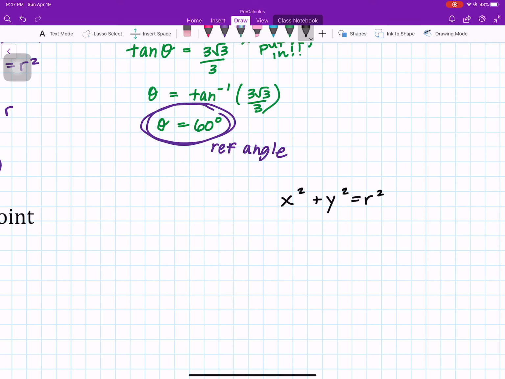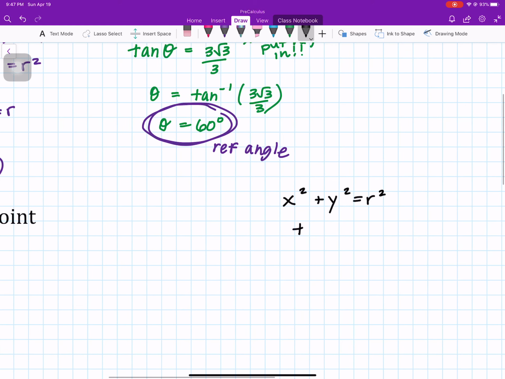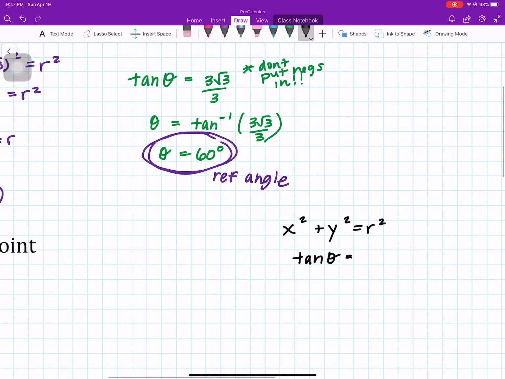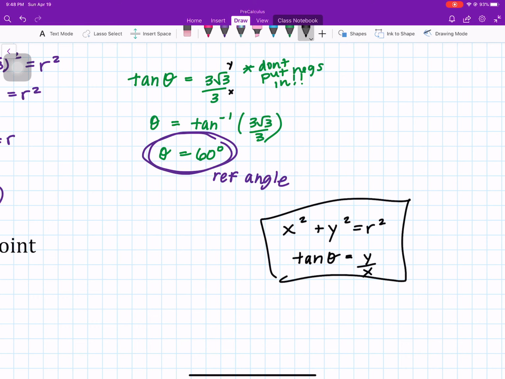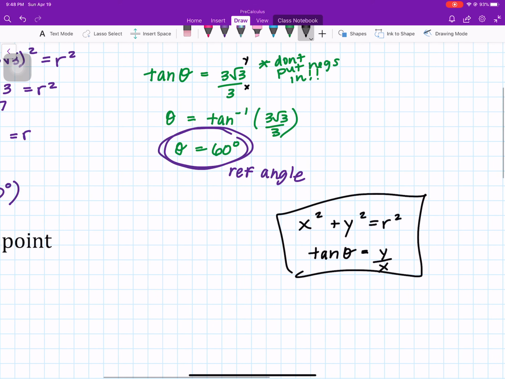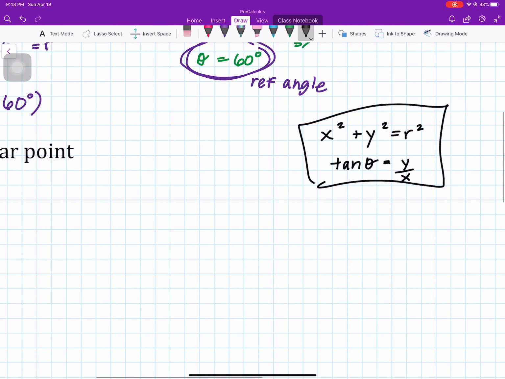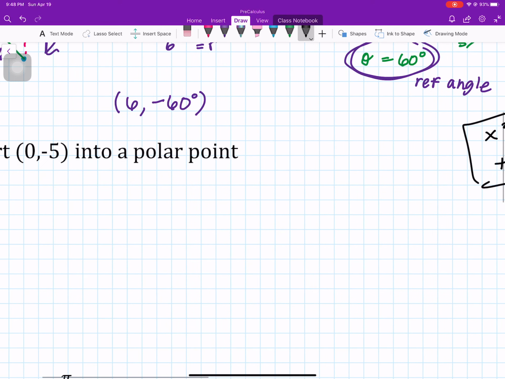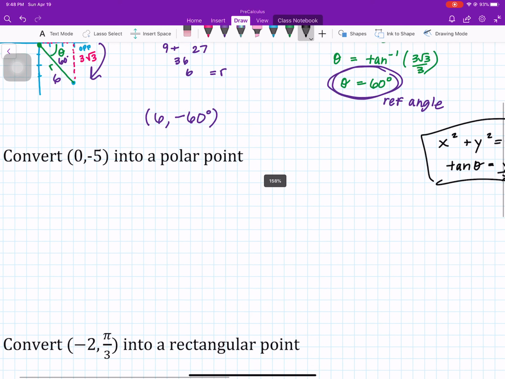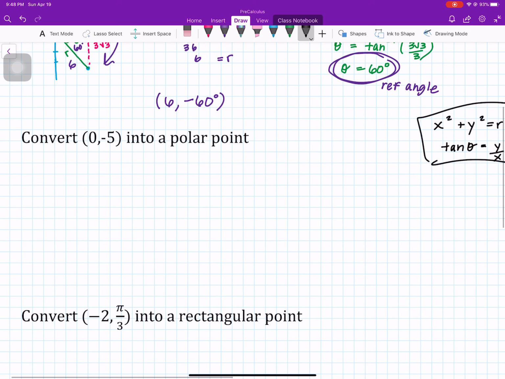And then the other thing that we used that might come in handy is we did your tangent of theta equals your y over your x. Great. So if we wanted, we could almost cheat a little bit and use these two rules.